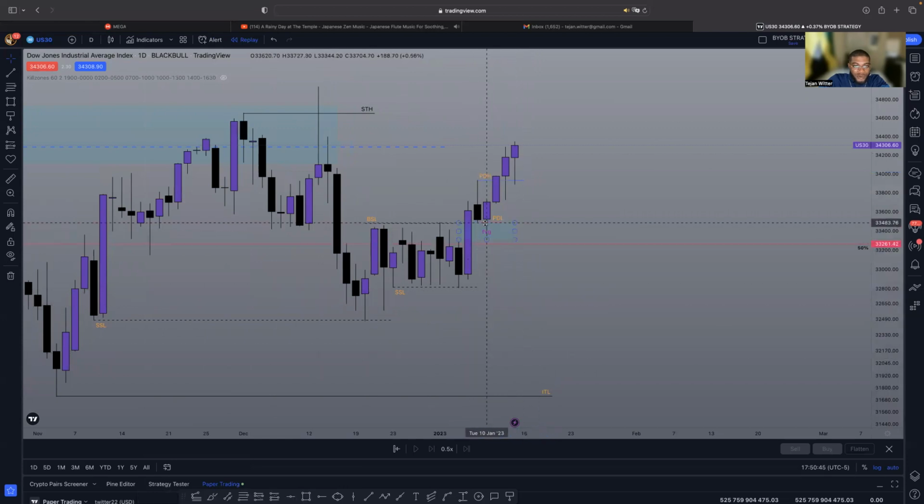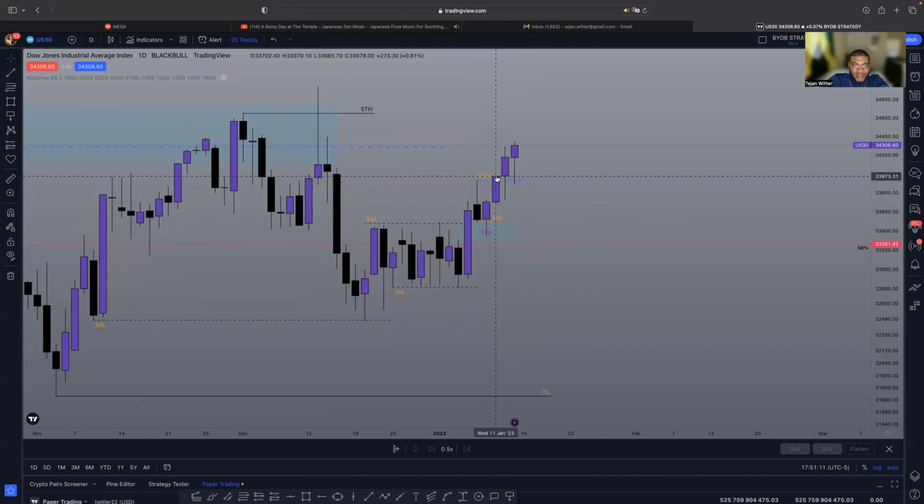So sell side liquidity taken from the previous day's low. We traded down into the fair value gap on the daily time frame. We traded higher and closed here on the day. Cool. Following day, open, traded down into the previous day's high, traded up, taking out buy side liquidity from that same last down candle. So now we have a bullish order block right here from this one day.